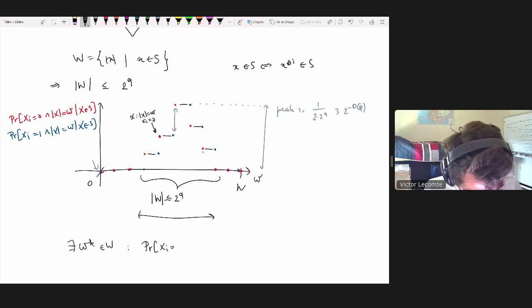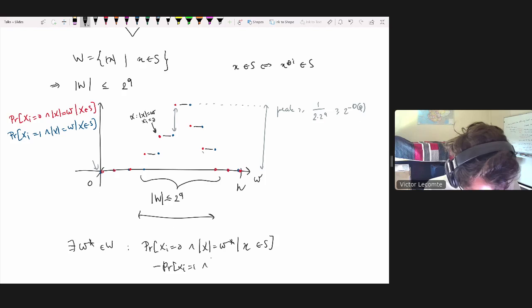Let me write that down. Again, condition on x being in S. It's bigger than 2 to the minus O of q.